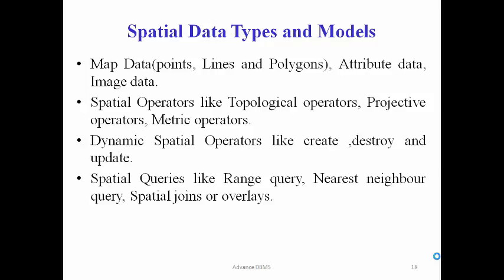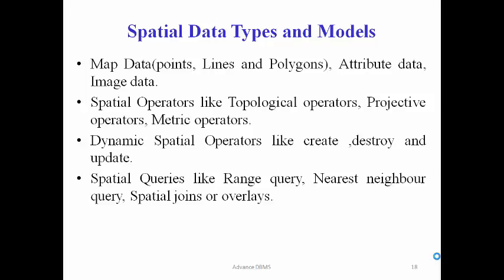For handling spatial databases, we require special spatial data types and models. For example, map data is used to describe points, lines, and polygons; attribute data describes the attributes of the spatial objects; and image data stores the images in the databases.